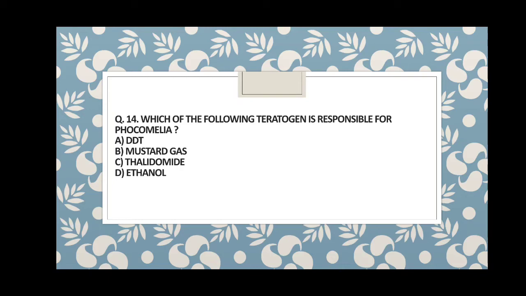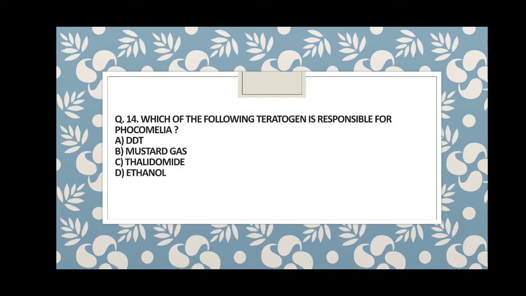Phocomelia is such a hazardous effect in which there is no limb formation in the child. The child has a very dusky kind of appearance. So guys, the answers are A, B, C and D: DDT, mustard gas, thalidomide and ethanol.